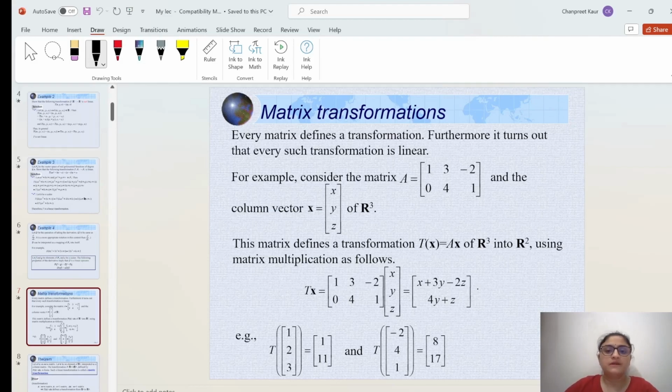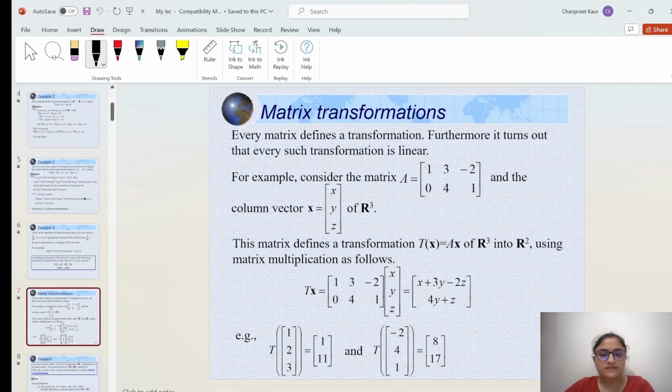So next is matrix transformation. Every matrix defines a transformation. So how do we go about it? Let's see. Suppose I have a 2 cross 3 matrix with me, 1 3 minus 2 0 4 and 1. Let's assume a column vector x y z in R cube.